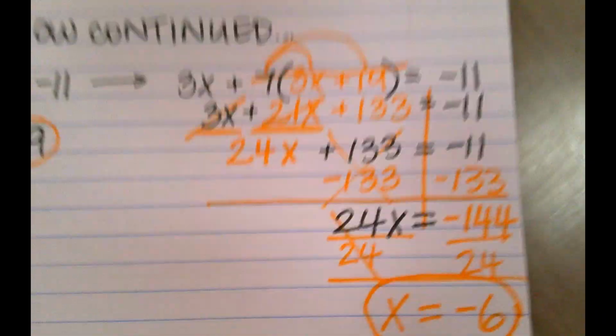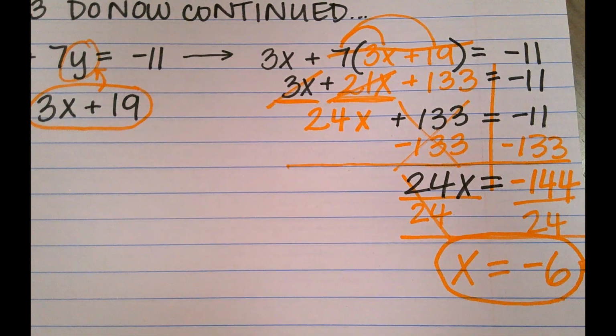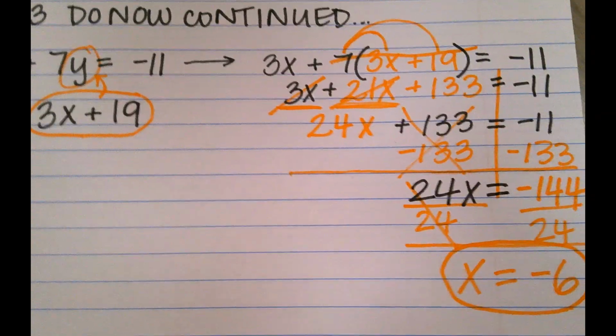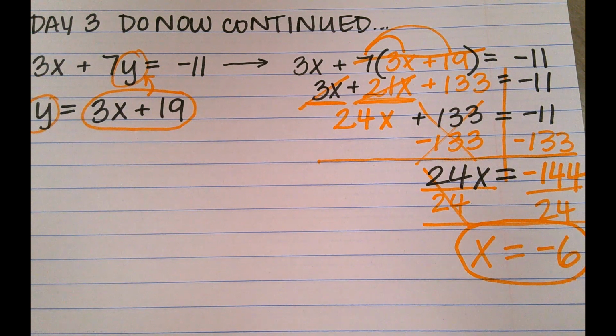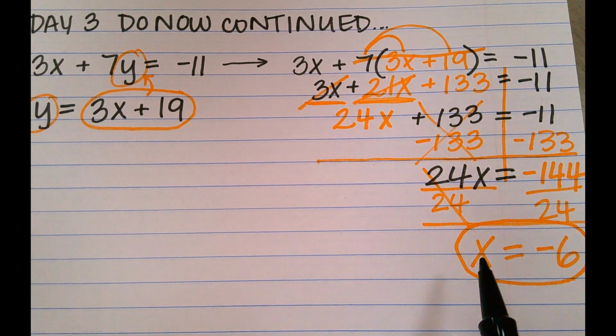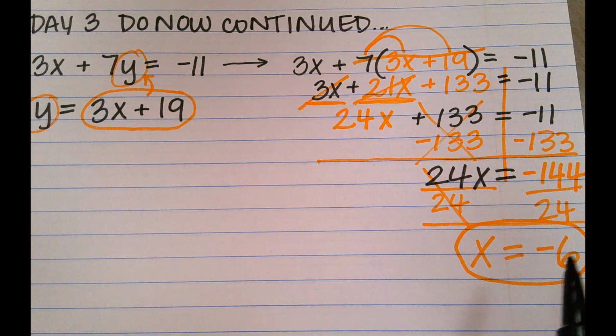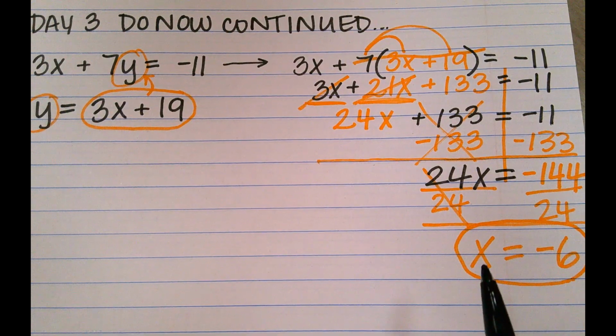Where do I go from here? Still gotta find y. How can I do that? Take the answer that you had. So I'm going to take that answer we just got. X is negative 6. Where am I going to put this to help me find y?